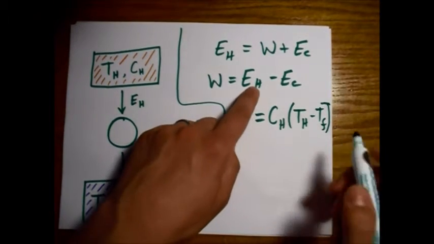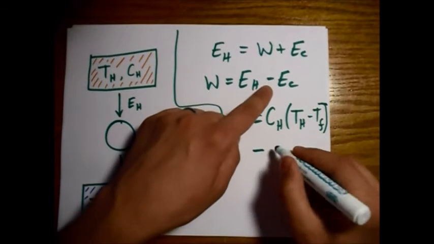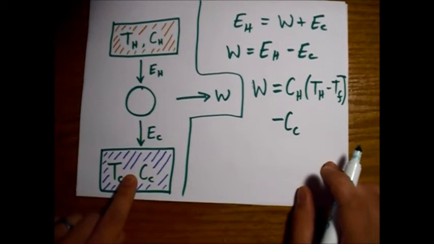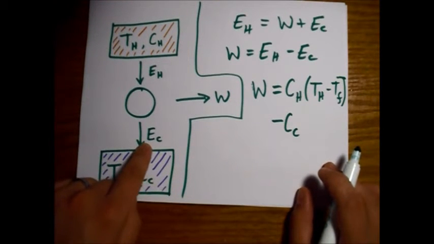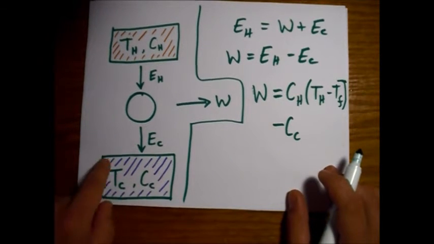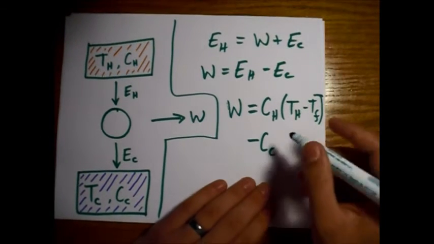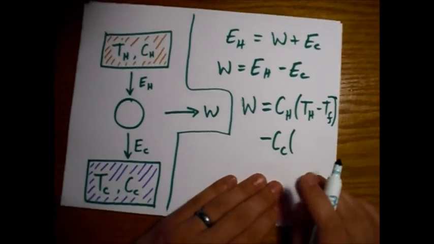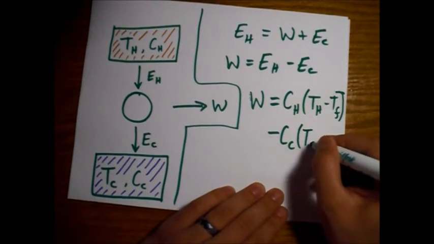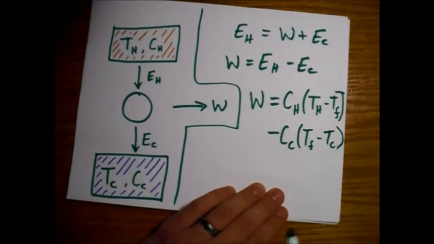All right, so that's this EH part, and now we'll have a minus sign. This is still part of the same equation on two lines again. Now we're looking at this EC right here, and we want to know how much energy is gained by this one. So this time we expect this one to warm up, so the final temperature TF is going to be larger than TC.